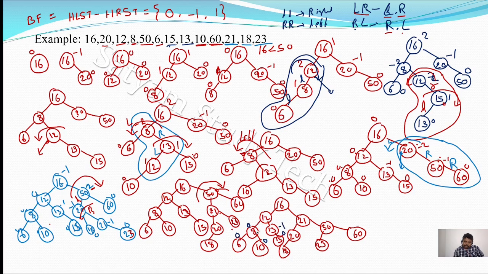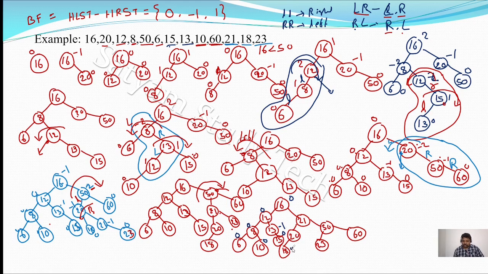Here the left subtree it is 2 and the right subtree it is also 2, so the balance factor is 0. Here 16, 1, 2, 3 levels is there, maximum is 3. In right subtree is also maximum it is 3, so the balance factor of 16 is 0.